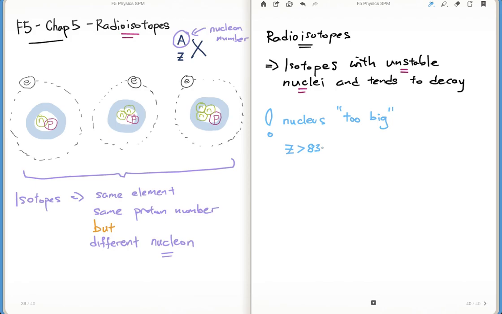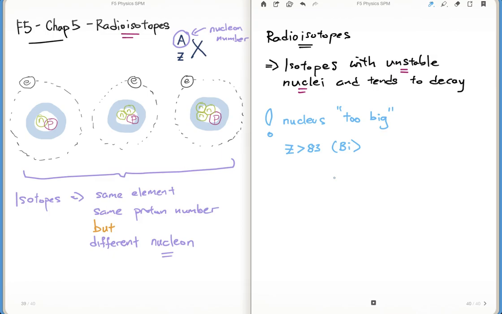I'll give you some time to look for your periodic table, or you may pause my video to go look for a periodic table, and then you'll be able to find out that 83 is actually, from your periodic table, bismuth, Bi.